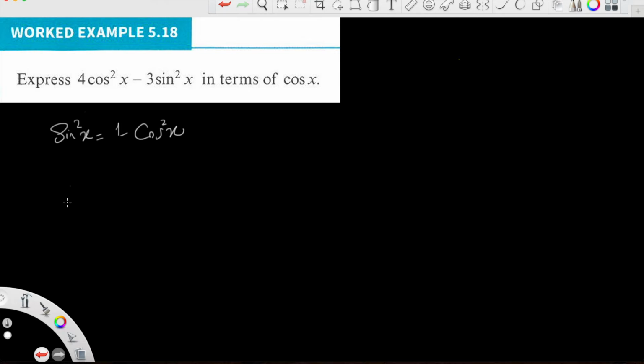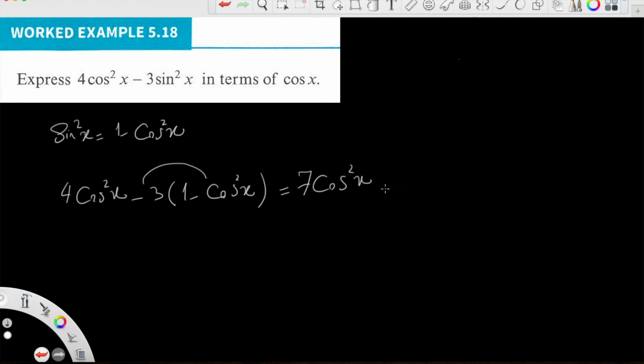So I replace it here: 4 cosine squared of x minus 3 times 1 minus cosine squared of x. If you expand, minus 3 times minus cosine squared will be plus 3 cosine squared, so 4 plus 3 is 7 cosine squared of x minus 3.